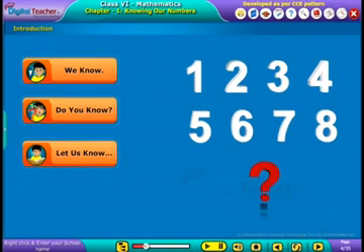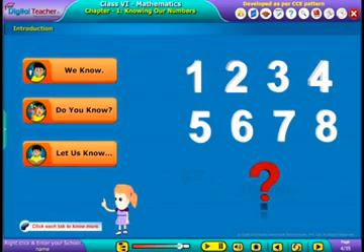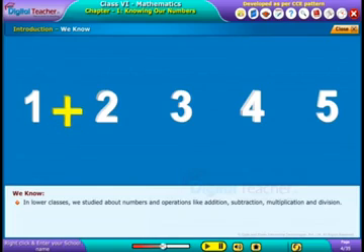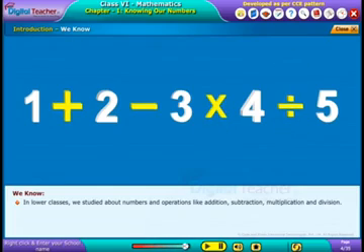Introduction. Before entering into the chapter, follow the instructions shown on the screen. Click each tab to know more. In lower classes, we studied about numbers and operations like addition, subtraction, multiplication and division.